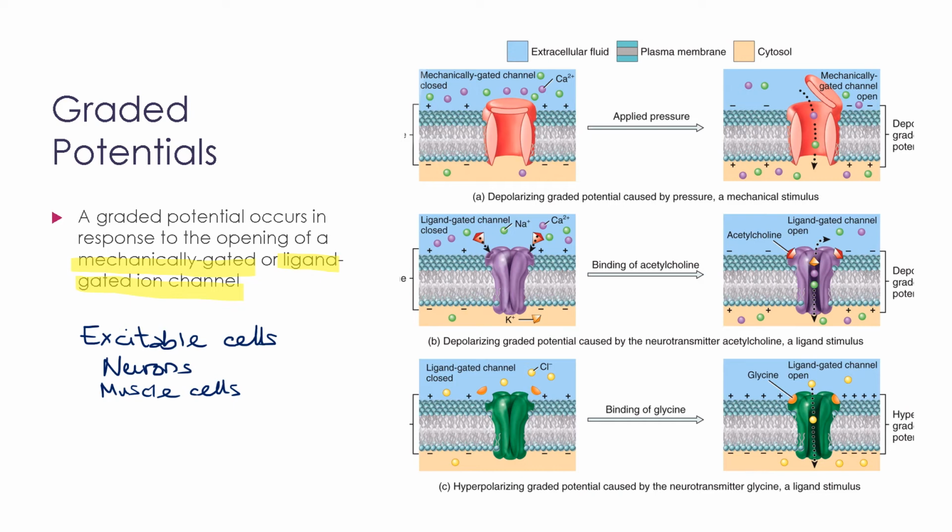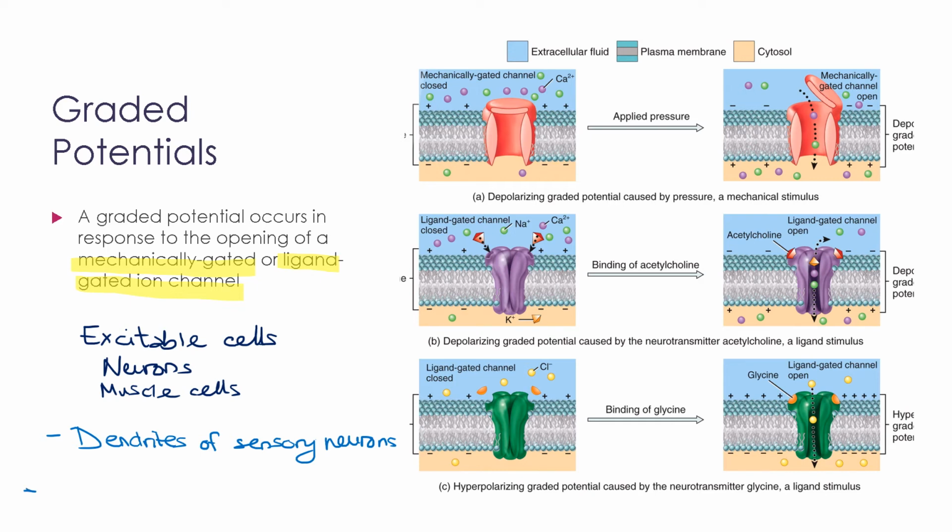Now, typically, the mechanical and ligand-gated ion channels are found in the dendrites of sensory neurons, and then ligand-gated channels are a lot more numerous in the dendrites and cell bodies of interneurons and motor neurons.